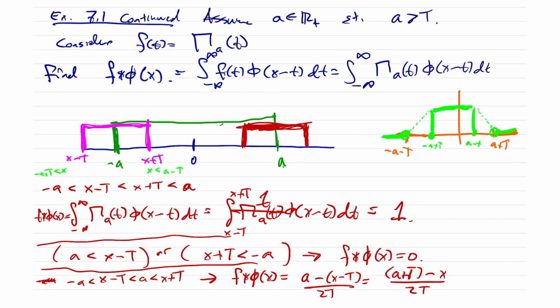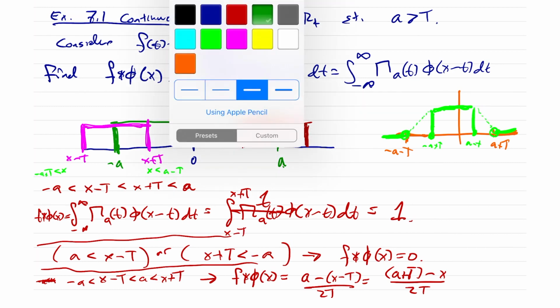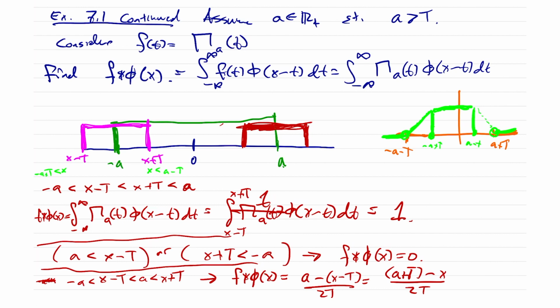Okay, and same for if you move this guy over to the other side here. And so then that's going to basically fill out those two regions. Let's finish that in green, because that's clearly a linear function with slope negative 1 over 2t. Okay, so that's the idea.